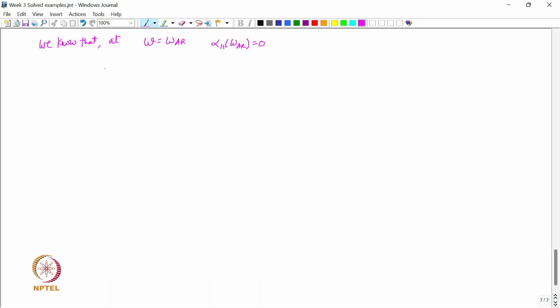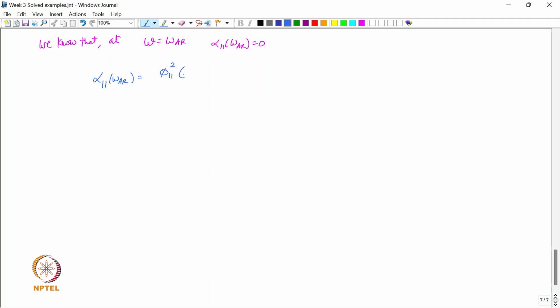The left hand side would be then alpha 1 1 of omega ar. Maybe I can substitute first the omega ar and then substitute the value of alpha 1 1 equal to 0, right.